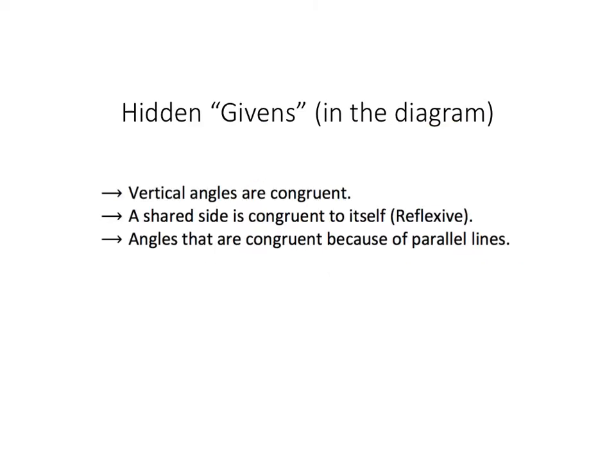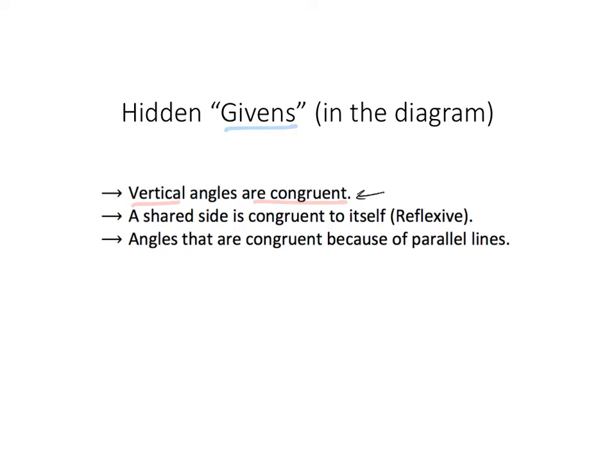Before we go on to do any more problems, I want to point out that sometimes there are some things that are given to you in the diagram, even though we can't call them a given. They are shown to you and they aren't explained explicitly to be true. So one of the first things is that vertical angles are congruent. If you see that, the reason in a proof is you can just write this statement right here: vertical angles are congruent.